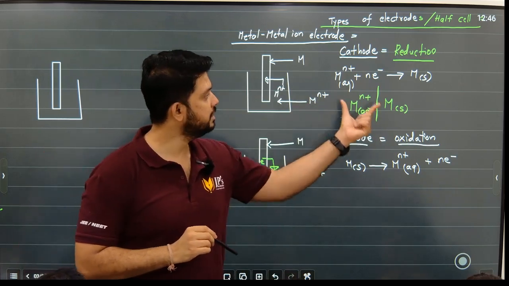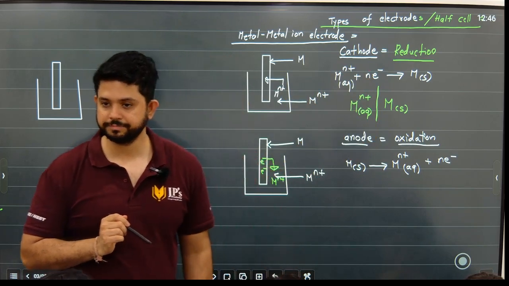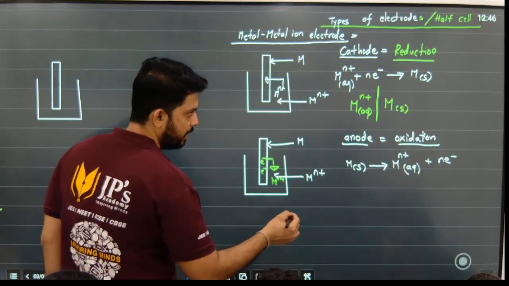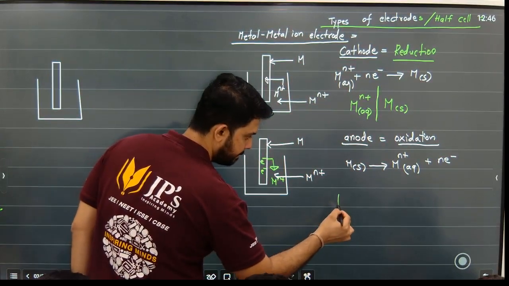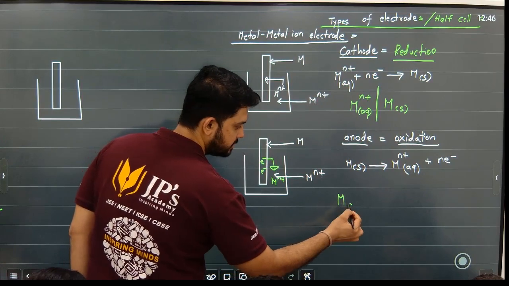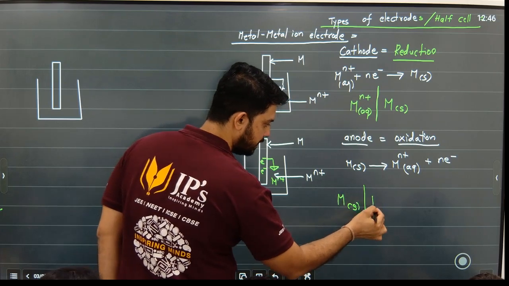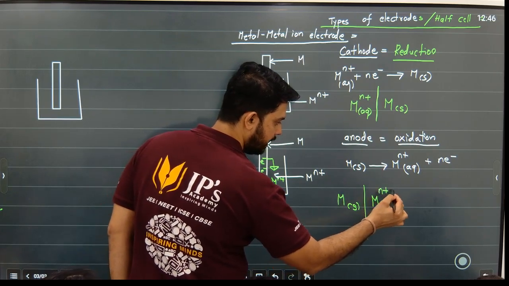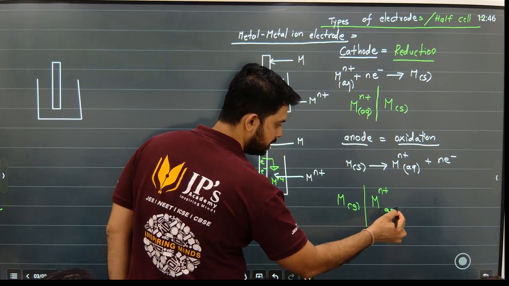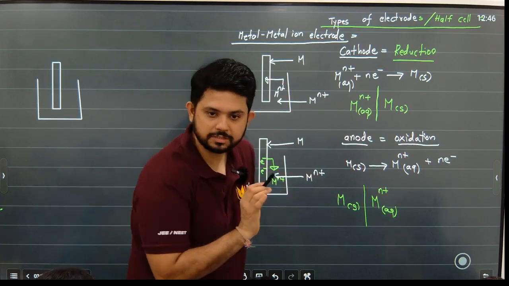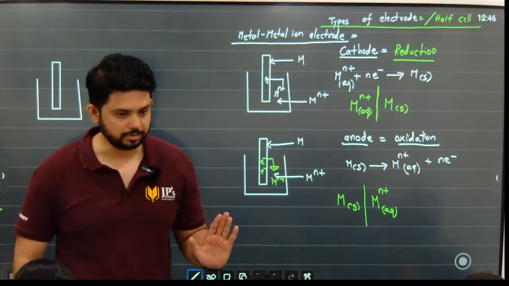So that is the representation of the cathode. How will you represent the anode here? M solid. The metal came into the solution in the form of its ions, M n+ aqueous. Any questions here? Yes or no?